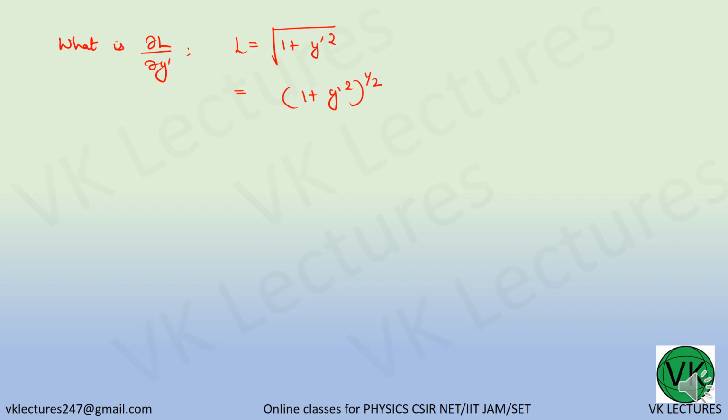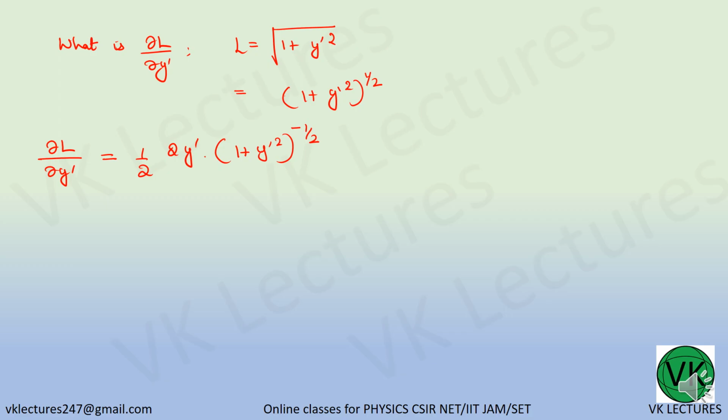Now let's write ∂L/∂y'. Taking half out, so half, the derivative of y'^2 is 2y', times the function itself, that is (1 + y'^2) to the power minus 1/2. Here, 1/2 minus 1 is minus 1/2.